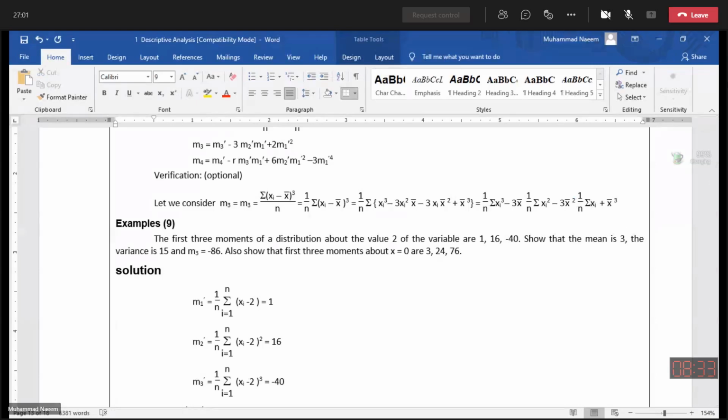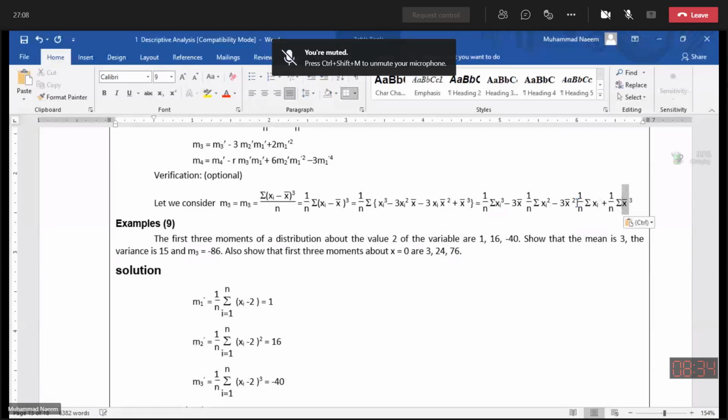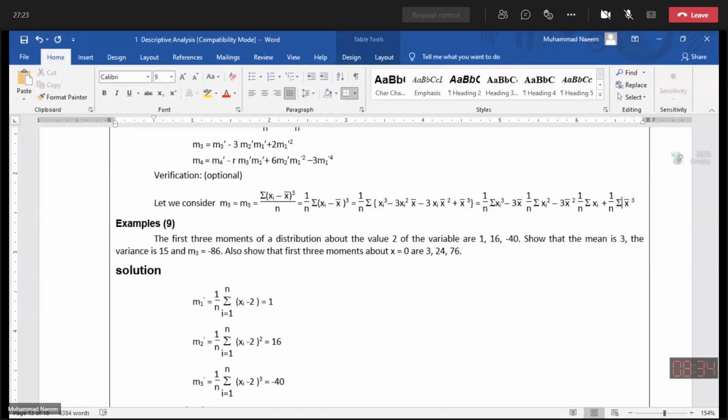And similarly, in the last term, we have only a constant. So a constant is added, dividing by n. And we know when a constant is added, it becomes n times. And dividing by n, only we have x bar cube at the end.